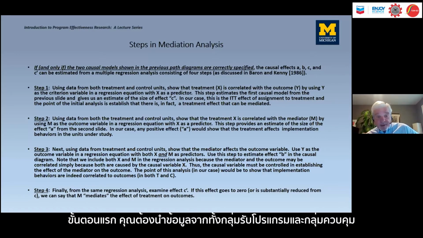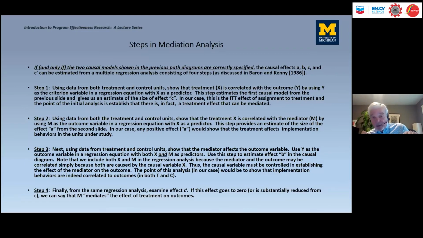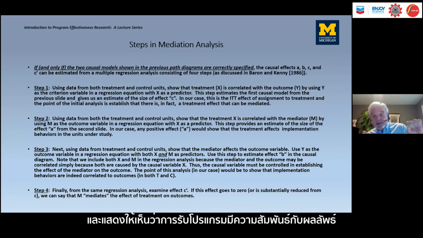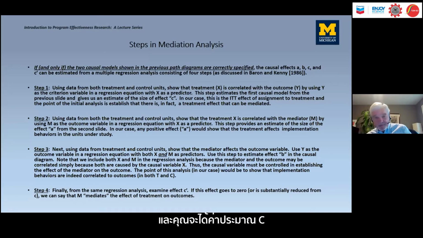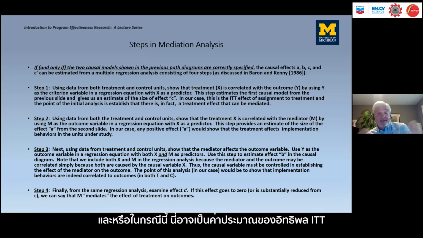The first step is you take data from both treatment and control and show that the treatment is correlated with the outcome. It's just like you do a regression of Y on X and you get the estimate C. In our case, this is probably the ITT effect estimate.